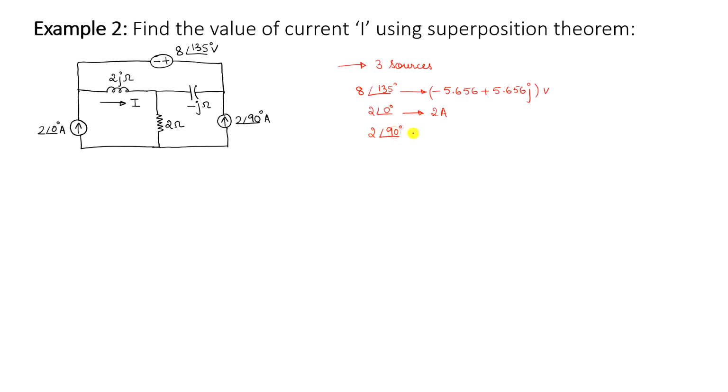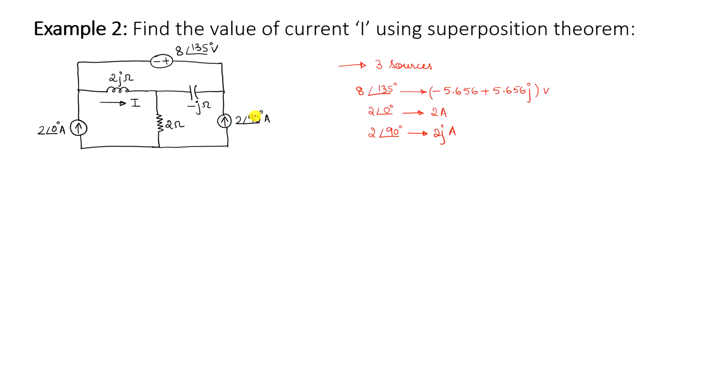Convert this and see what is the value that you get in the rectangular form. 2J, right? This also is the current source, so the unit will be amps. Now you need to work on these 3 sources: voltage source, current source, and this is also another current source.